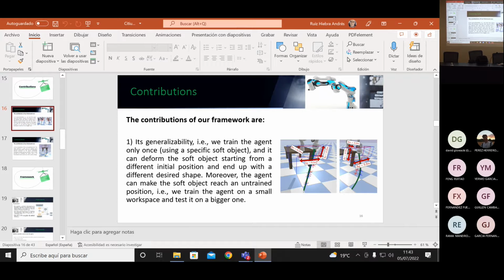Maybe these kinds of parameters would give more information about the state of the object, because you measure the state, and after, with this state, you do the DRL process and so on.